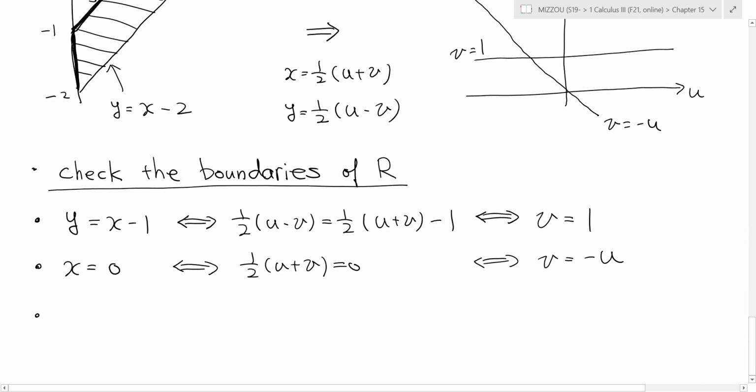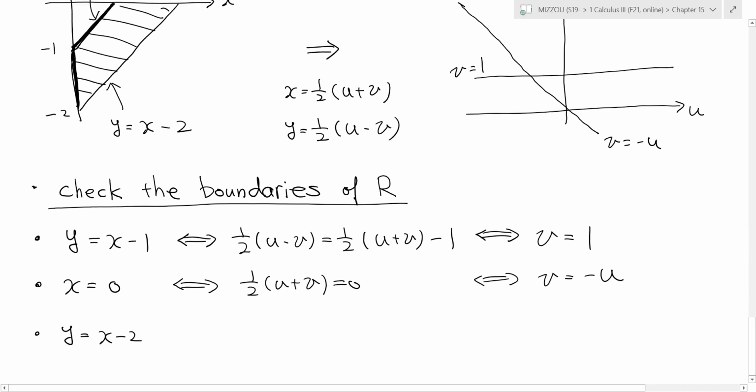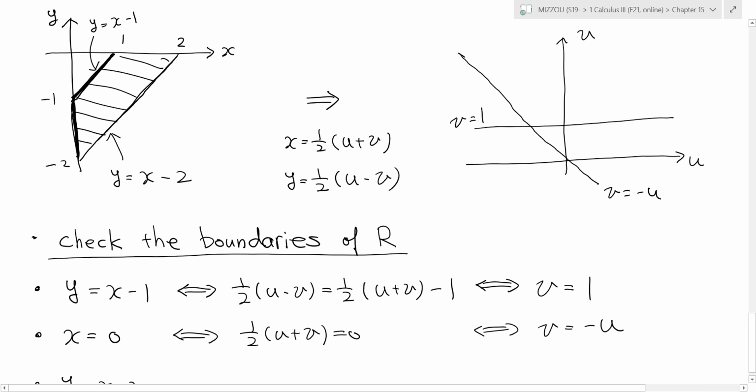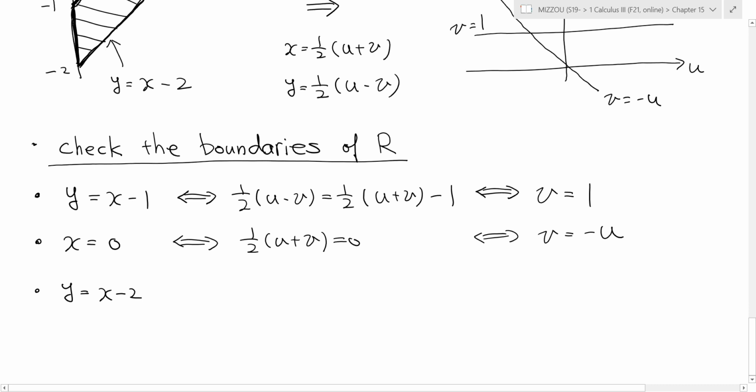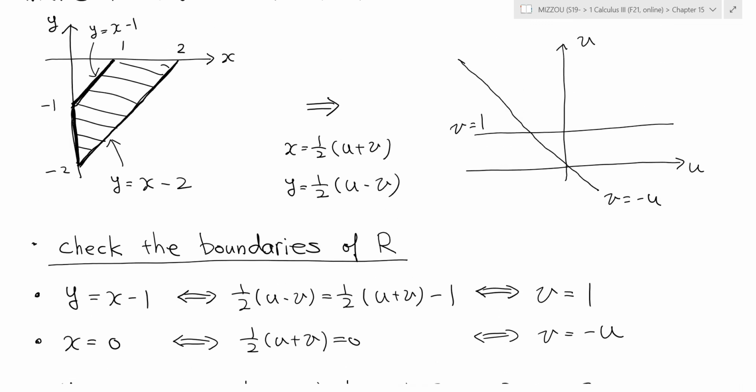Now the next one is y is equal to x minus 2. That is 1/2 u minus v is equal to 1/2 u plus v minus 2. If you simplify this, you will see that this gives you v is equal to 2. So v is equal to 2 is something like this.